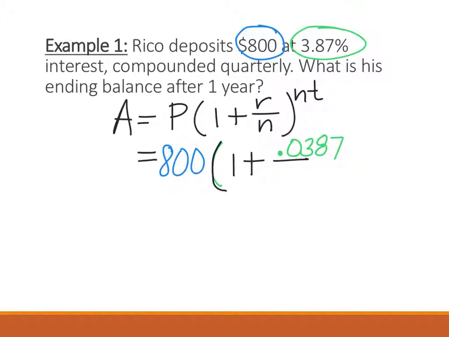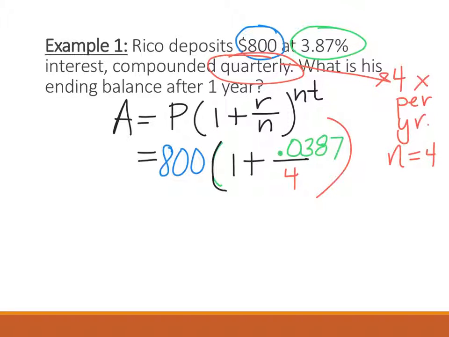I'm going to write this as 0.0387. For my value of N, I'm going to replace that with a 4 for quarterly. The word quarterly means 4 times per year. If I'm compounding 4 times per year, that gives me an N value of 4.